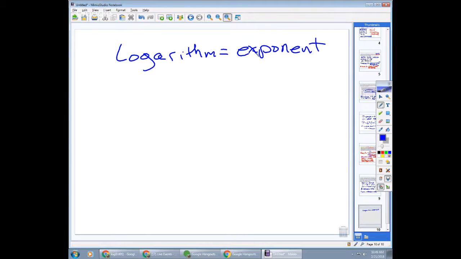The tricky part is writing down a logarithm equation based on an exponent equation. So for example, I had 10 to what power was 1,000. The reverse of that equation would be to take the power out. A power is a logarithm, so I write log.